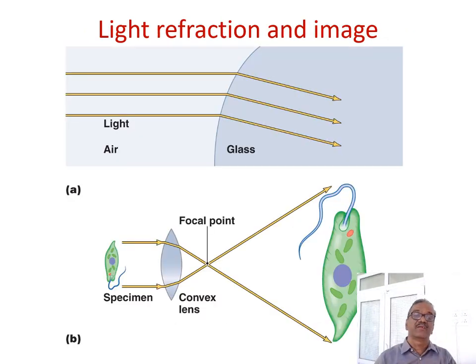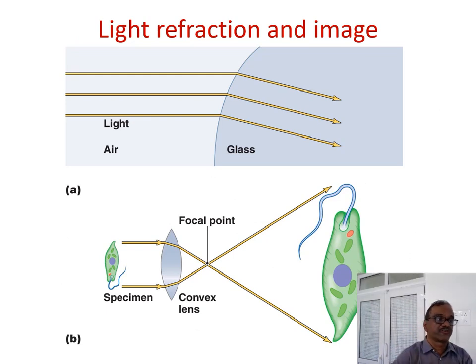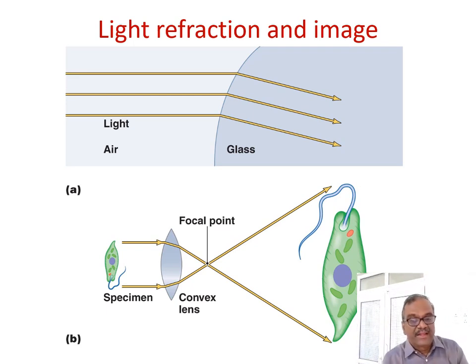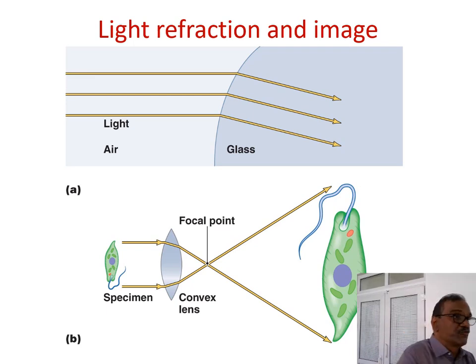Before that, the second point in the principles of microscopy is refraction and image formation with the light. Just to see, the light you are focusing from the bottom passes through an aperture and enters inside, so it is refracted in a glass. That glass is the convex lens.